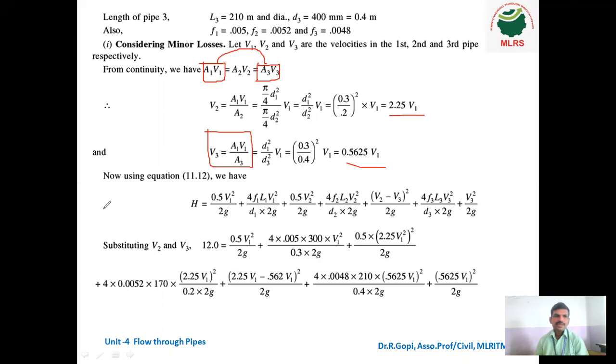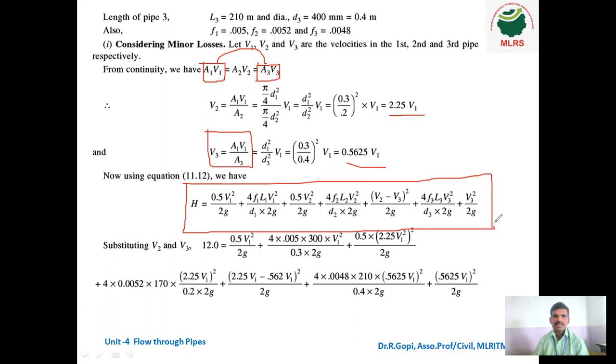Now using the equation we have, write the equation as we saw previously. Here we have to consider minor losses and major losses. Now substitute all the values. H is equal to 12 and V1 keep as V1, because all the values we keep in V1 only.